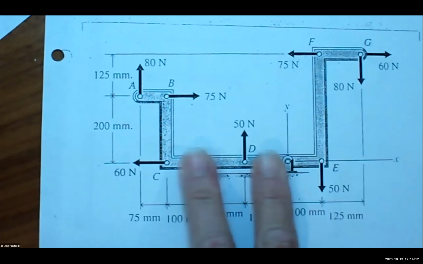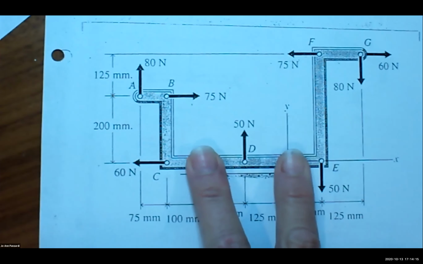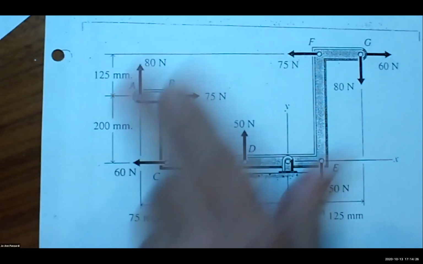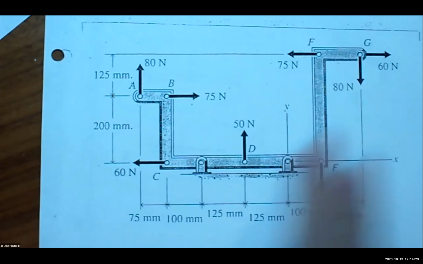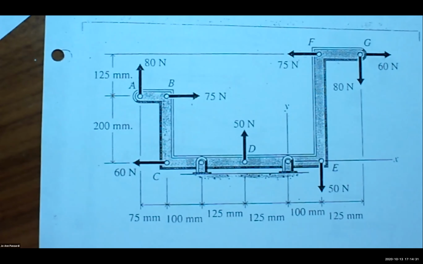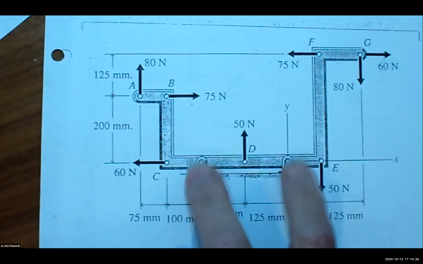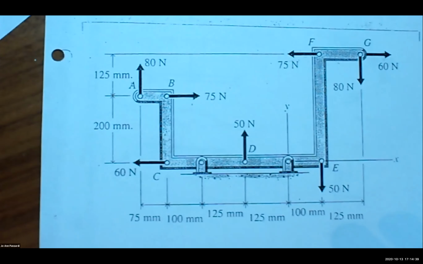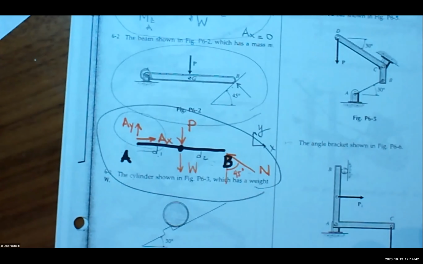We learned what was going on in the system. Now I'm throwing in the connections, because these two connections have to resist all those moments that are created by these couples. So in the last two or three weeks, we've been ignoring all connections because we have only been figuring out moments. Now we are looking at the complete free body diagrams and all the forces on the system, including the reactions at the supports.